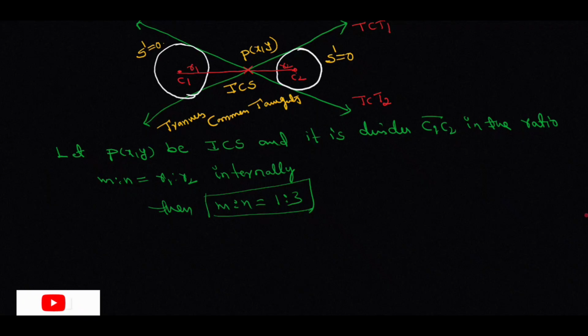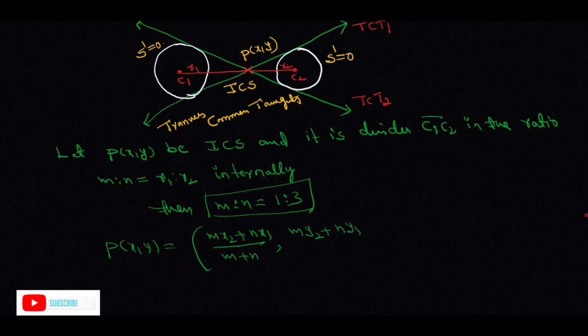Now using the section formula we get P(x, y) equal to the formula (mx2 plus nx1) by (m plus n), comma (my2 plus ny1) by (m plus n).